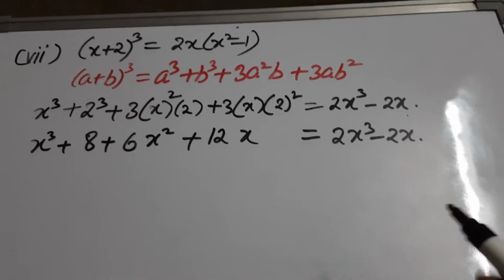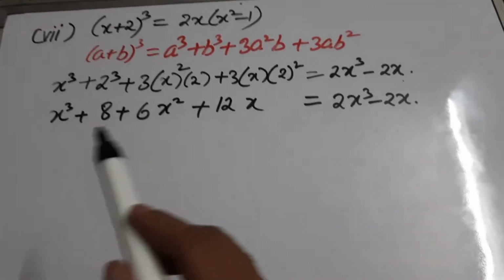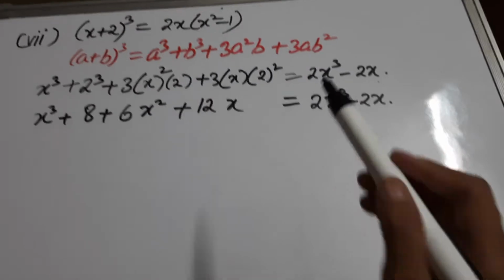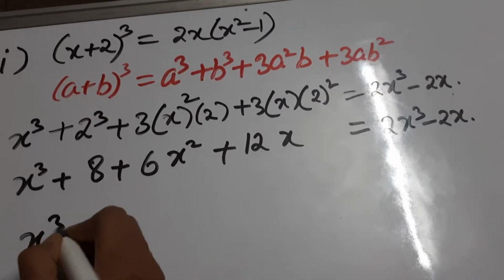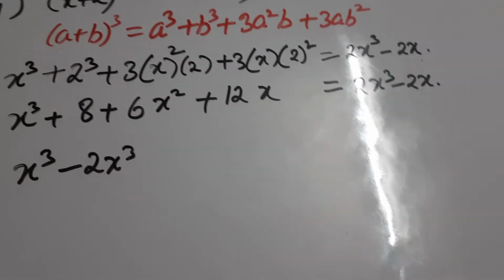So now let us combine the like terms. This is x cube, this is x cube. Let us combine them. Either you take this to left hand side or you take this to right hand side. Wherever you want to take, you can take them. So x cube minus 2x cube, right?